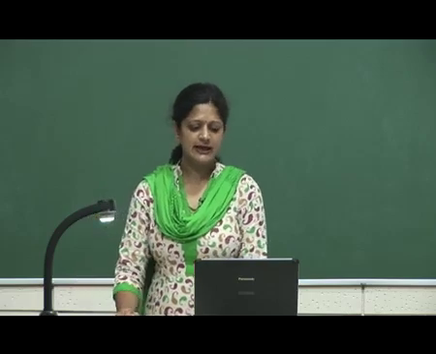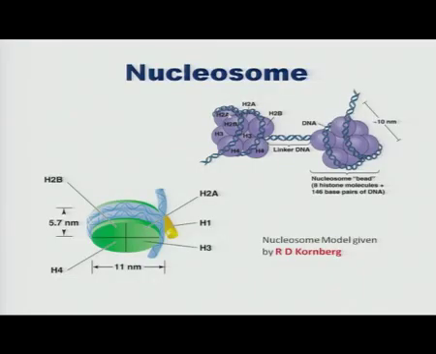So, you can see in the slide, this is how the histone octamer is synthesized and DNA is wrapped over here. The DNA in between the two nucleosomes is called linker DNA, and in the outer part of the nucleosome, there is H1 histone protein which helps in further packing of nucleosomes to form 30 nanometer chromatin fiber.